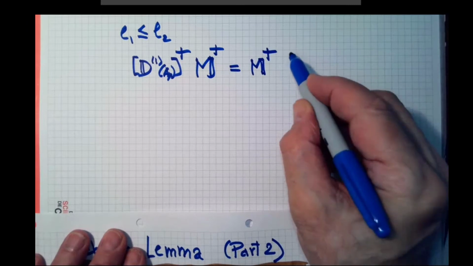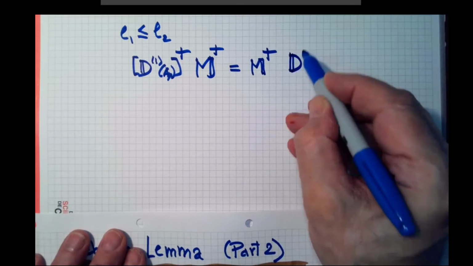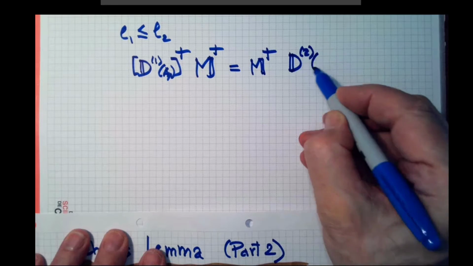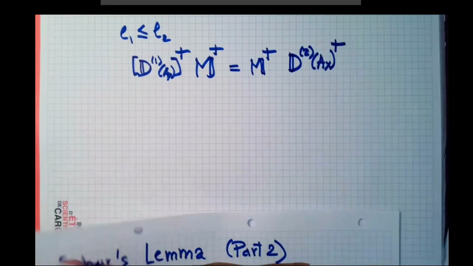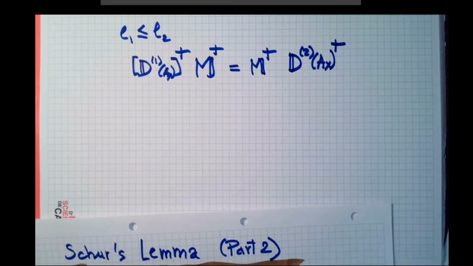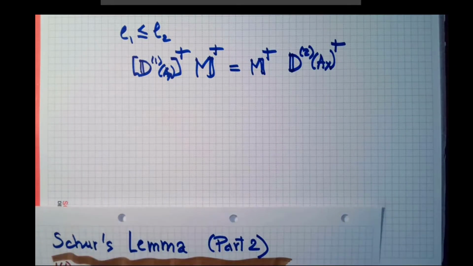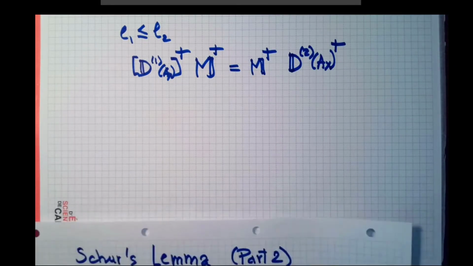This becomes D2 of AX Hermitian conjugate. Nothing. We have already proven that we can always choose a representation to be unitary. So let's assume it's unitary.